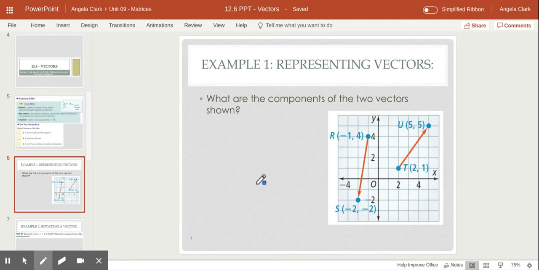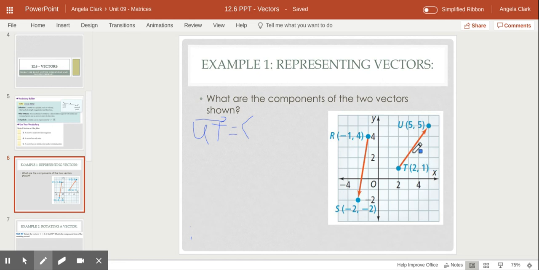So by saying how far it went up and how far it went over, we are giving both magnitude and direction. So UT, that would be what we could call this vector, and then when we're writing the component form, we use these angle brackets. So instead of using parentheses, we use angle brackets to show that this is a vector. So angle brackets, and then how far it went to the right is going to be 3, right?